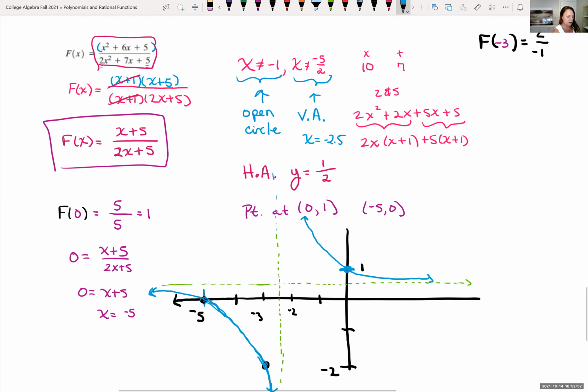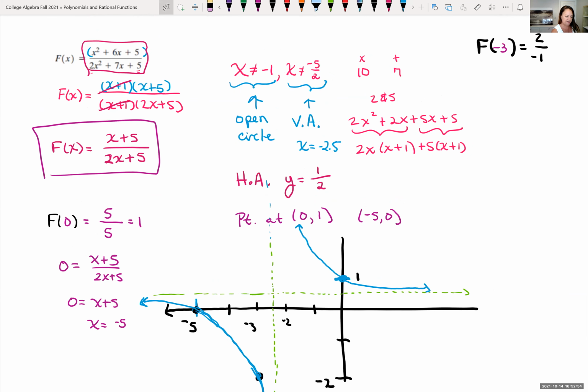We have one other piece, and I'm just going to finish it off. At x equals negative 1, we had an open circle. So I need to put an open circle in here. And I could figure out what that value was by plugging it into the reduced form. So if I look at f of negative 1, into the reduced form, I would have negative 1 plus 5, which is 4, all over 2 times negative 1, which is negative 2, plus 5, which is 3.